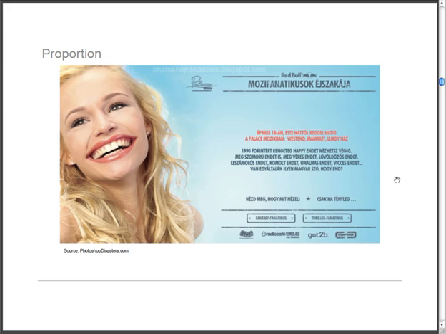So proportion really helps play into the idea of aesthetic beauty, because this is more comical and even a little bit shameful, if you will, compared to probably the original beauty of this woman.